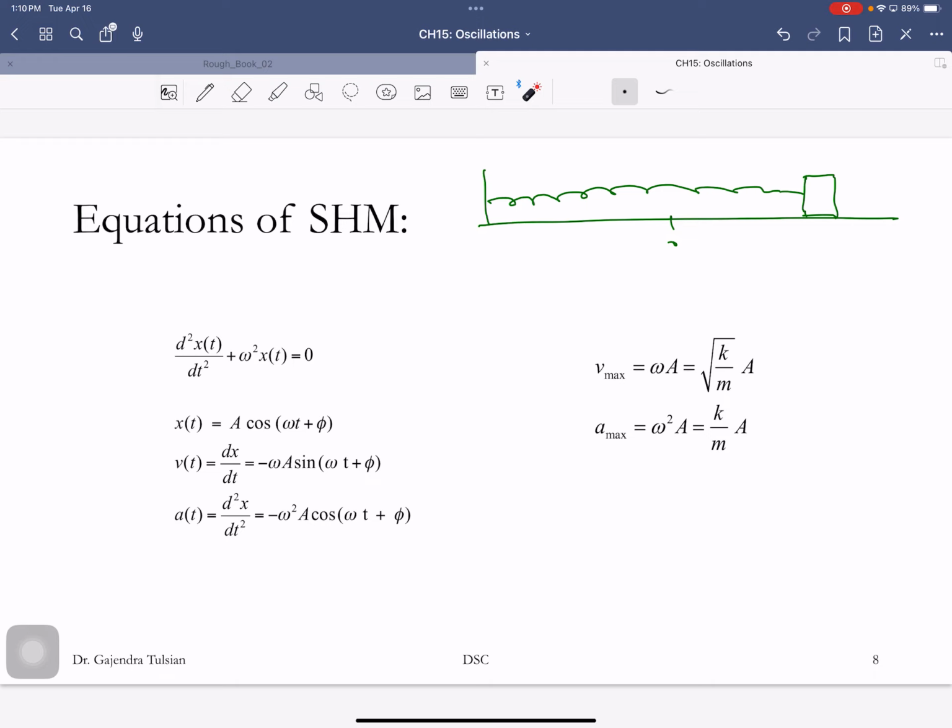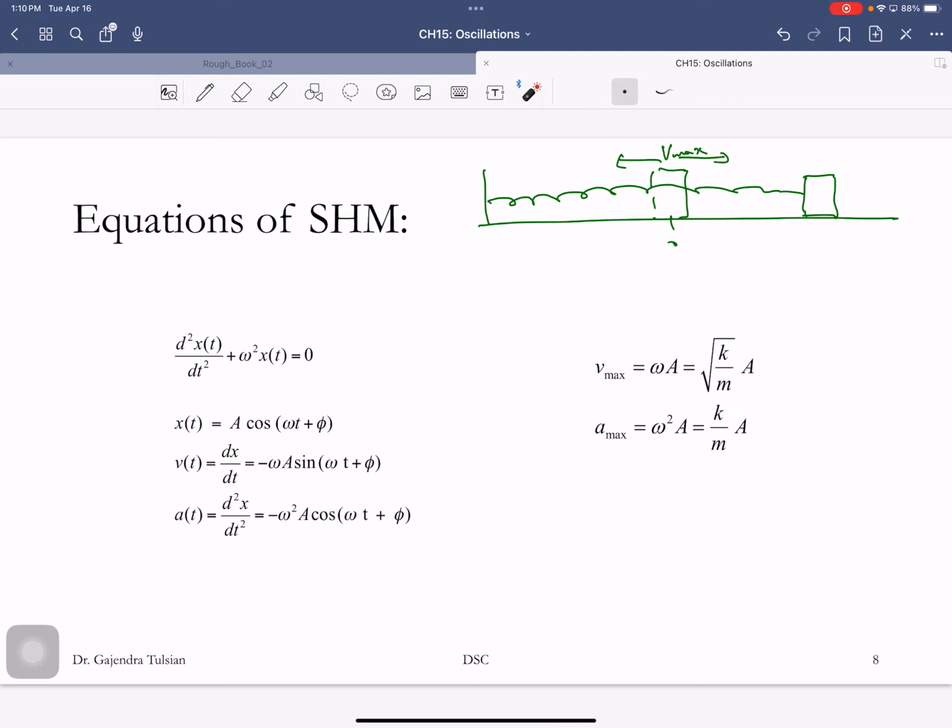At the equilibrium. Very good. So the speed will be maximum here. When it's going in this direction, the velocity is positive. When it's going in this direction, the velocity is negative. But that's when the velocity will be maximum. So this is V max.